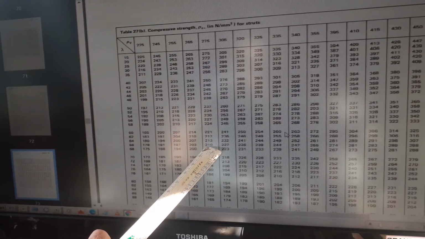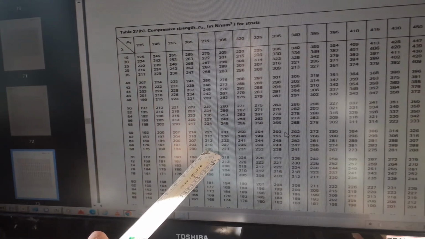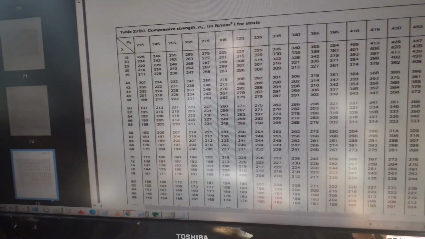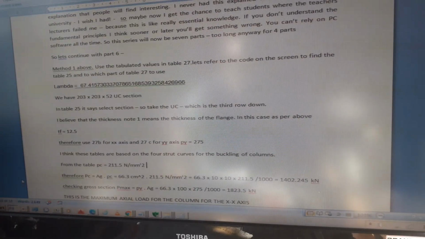For slenderness 66, pc equals 210, and for lambda 68, it's 206.